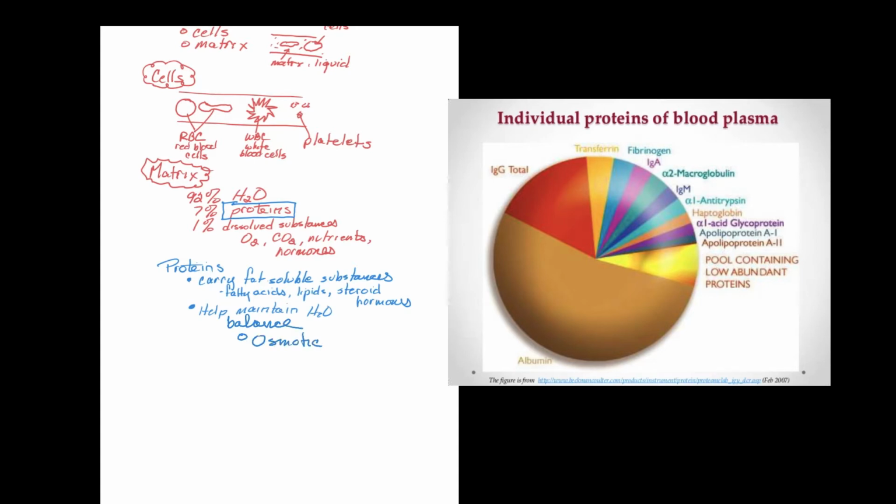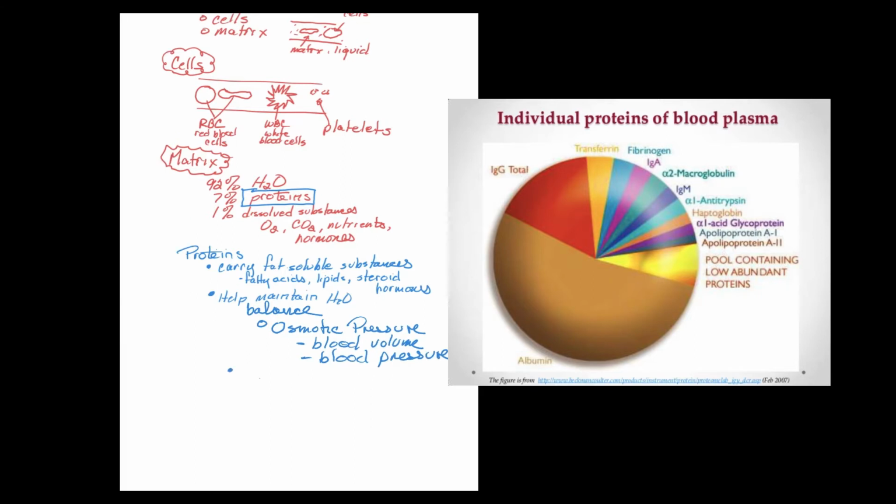Water balance, you may have seen the term osmotic pressure in your reading. You're not responsible for knowing that term. It's just making sure the water in your body is in the right place. And why does that matter? Because the amount of blood you have is going to directly influence your blood pressure, although other things influence blood pressure as well.